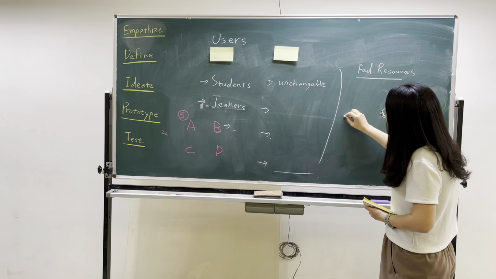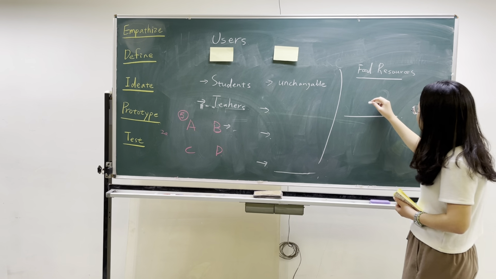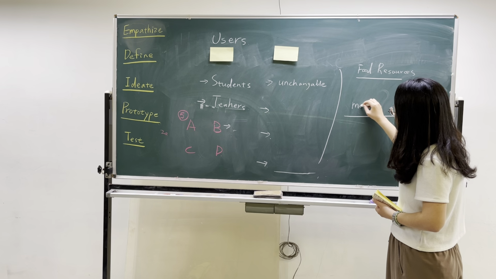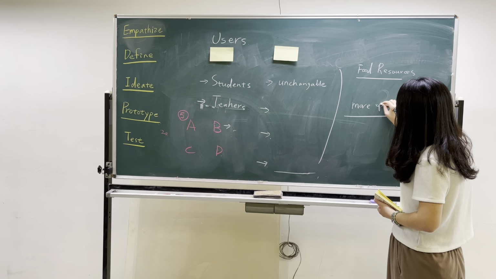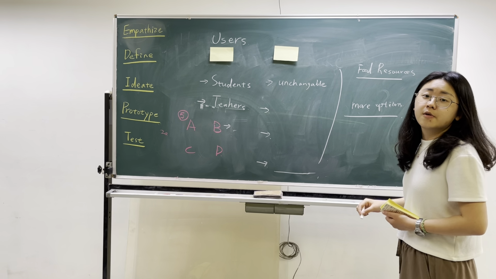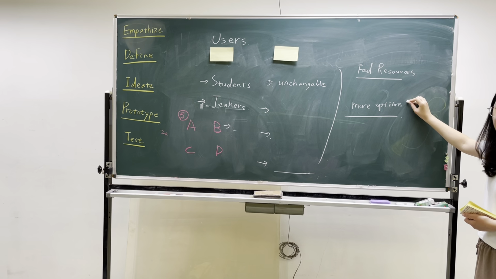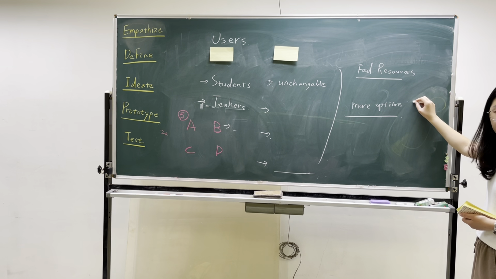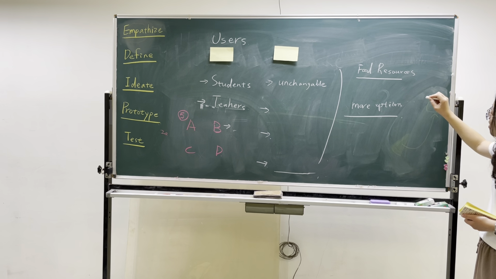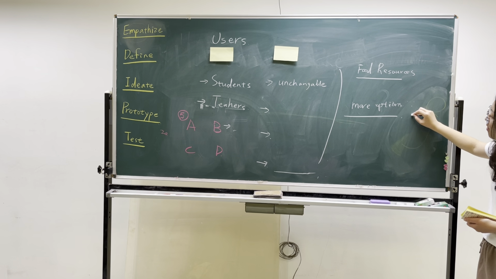And the second is, we need to know whether we have more options, options which are good for our health and also our environment. For example, more vegetables, or organic food options, or we can have less meat.